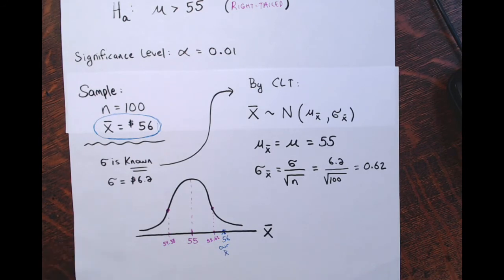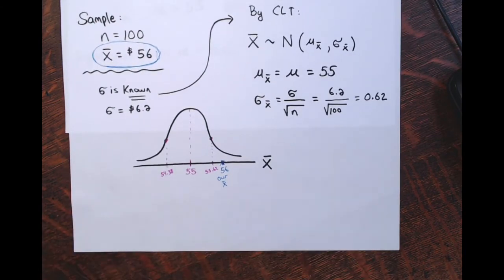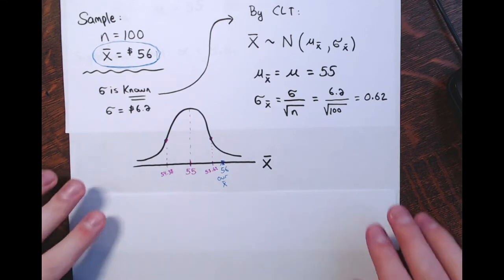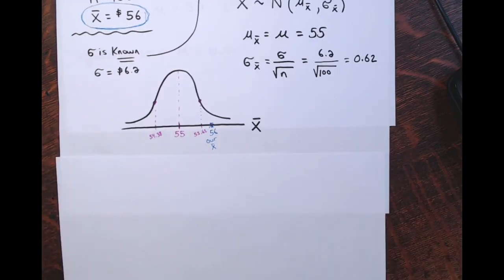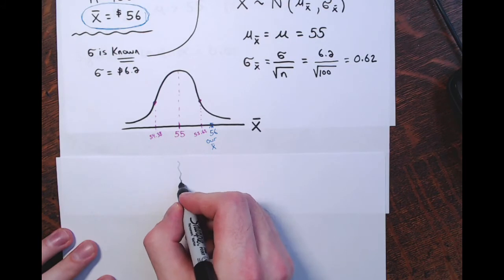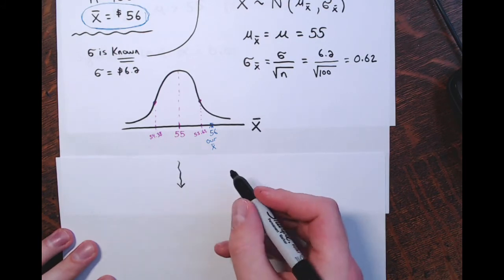Now the question is, how far away in terms of standard deviations is this value? How many standard deviations away from the mean is 56? So we convert everything to z-scores. This is a normal distribution, so what I'm going to do is called normalizing. We change it to z-scores.